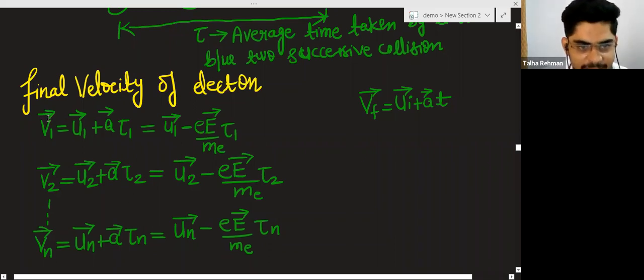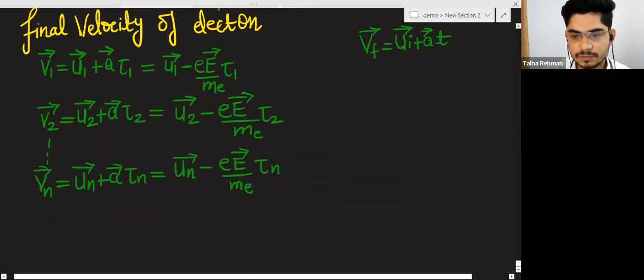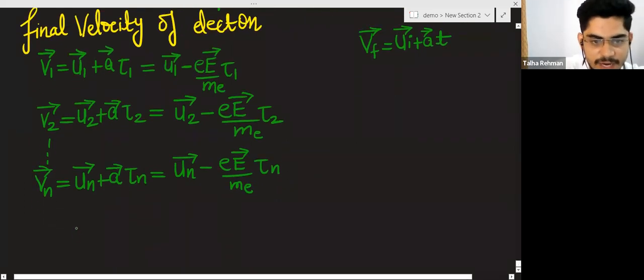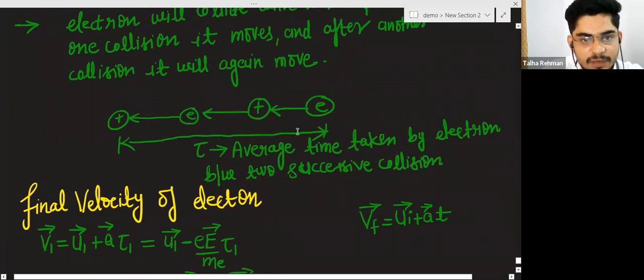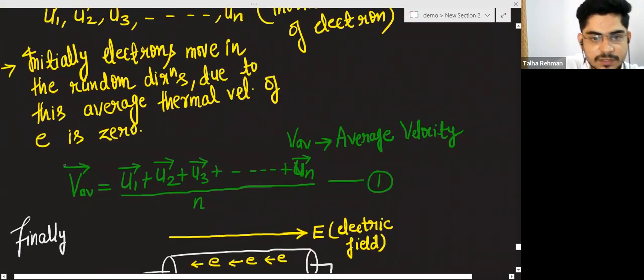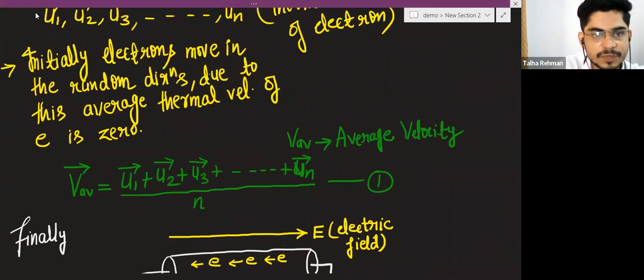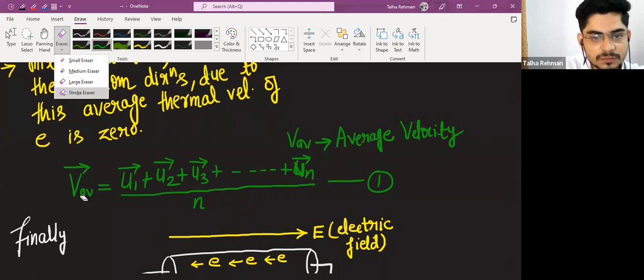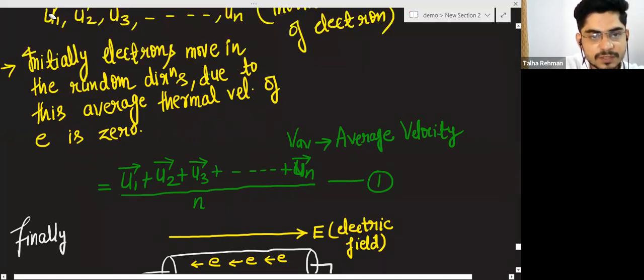Now I can take the average of these velocities also. V1, V2, the average of final velocities. So I am writing, actually I have made a mistake here. This is not V average, this is U average. Please modify this.